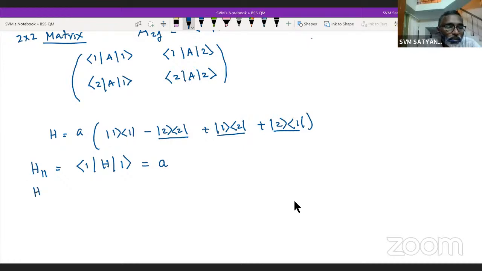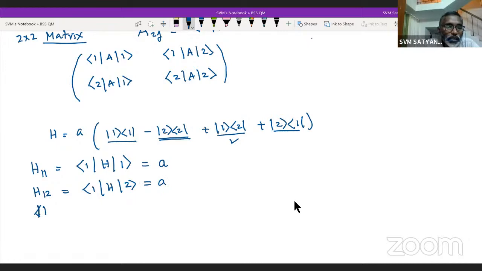Now what is H12? H12 is <1|H|2>. This will not contribute, this will not contribute. Only this will contribute, so that is also equal to A.